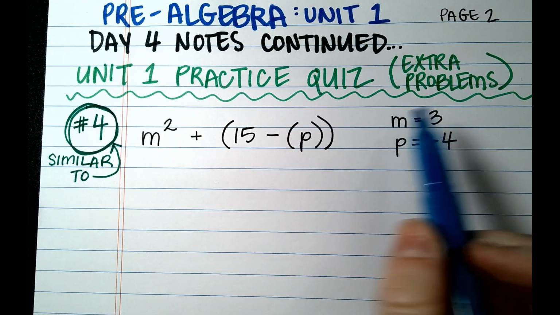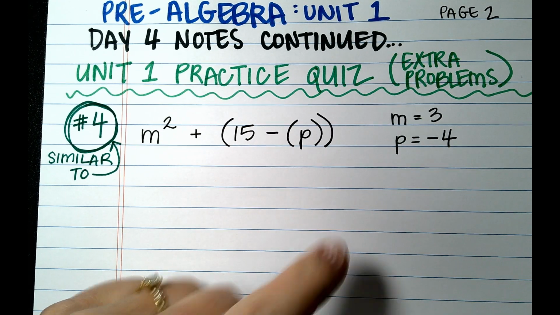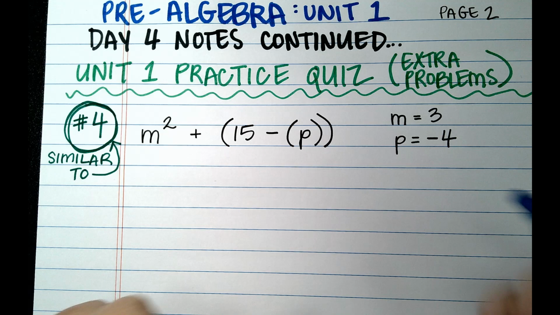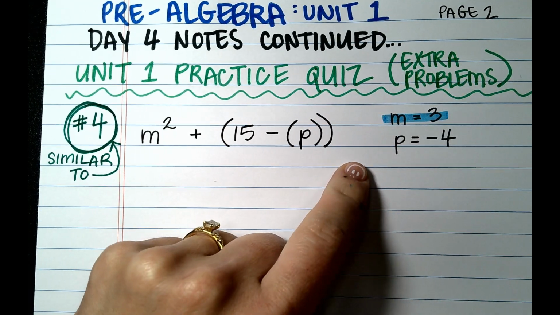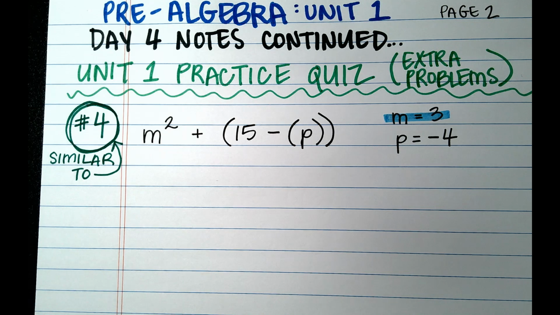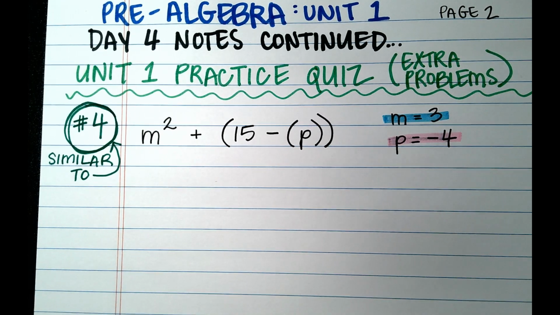So what I'm gonna do to start this one is I'm gonna look at my variables and assign a color to my variables. So just what I have in my hand, I'm gonna make my M blue. I'm gonna make my P pink.